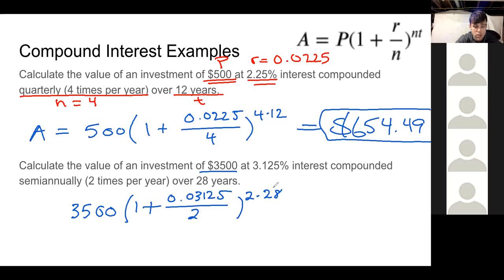Again, pretty much just a straight plug and chug idea, but I wanted to do another one. 2 times 28 is 56, so to the 56th power. Okay, so doing that, $8,339.45.